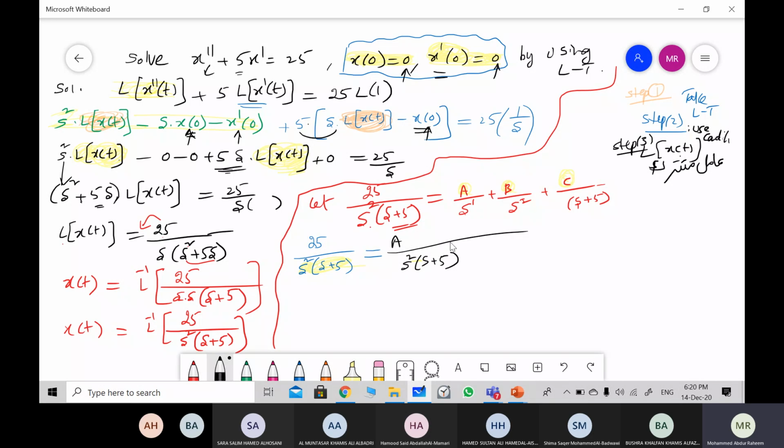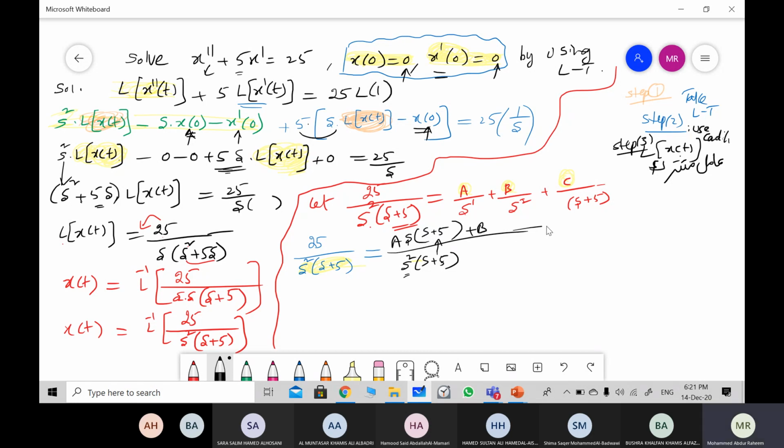Now A, now your comparison of denominators comes there. This s, and here how much? Here s is there. Here how much? s square. So, but we need s square. That means here we need to multiply with s. And here this s plus 5 is not there. So take this s plus 5 also.